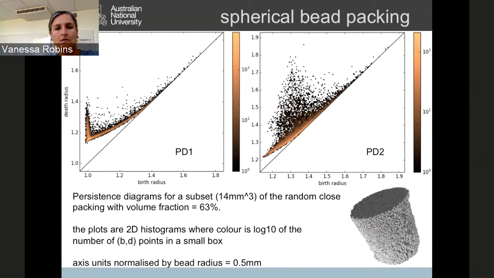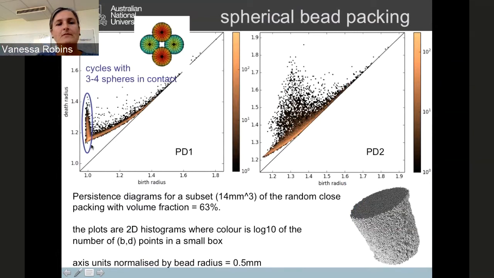So in PD1, the most prominent feature is this vertical line and then that curve heading off. This vertical line is due to, so the birth here is radius 1, so this is 1 times the bead radius. I think my previous figures were in centimeters, but now I'm doing relative units, so I've divided by the bead radius.